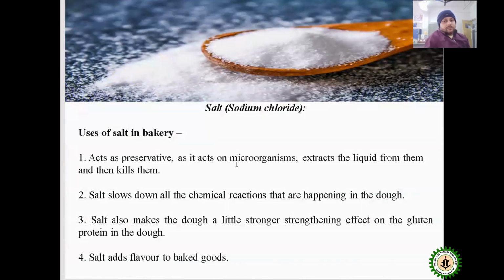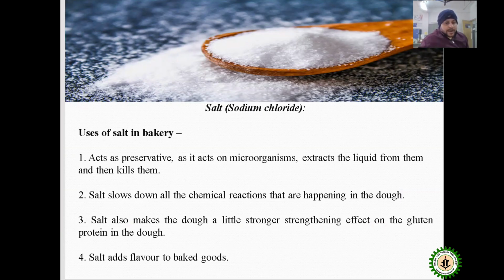So after egg, the next optional ingredient is salt. Salt we basically use as a preservative or class 1 preservative, and it also acts on microorganisms, extracting the liquid from them and killing them, and it also imparts the taste of bakery items. We can add salt or sodium chloride.